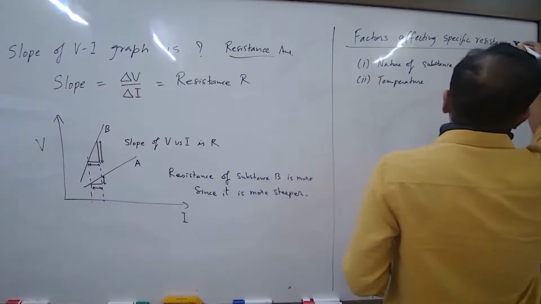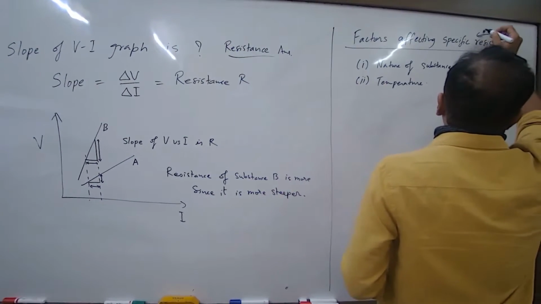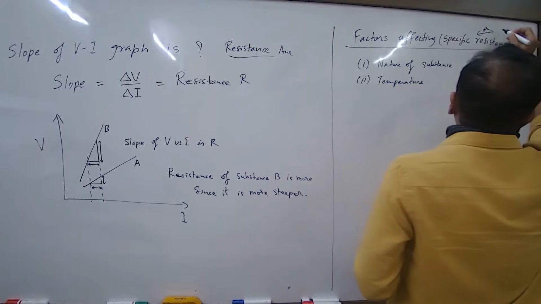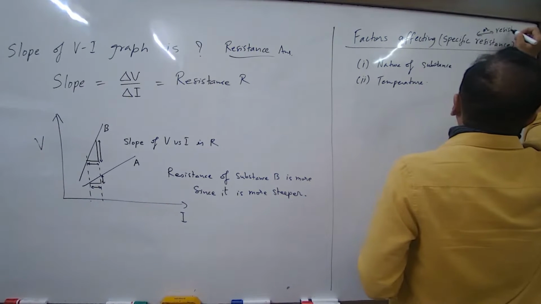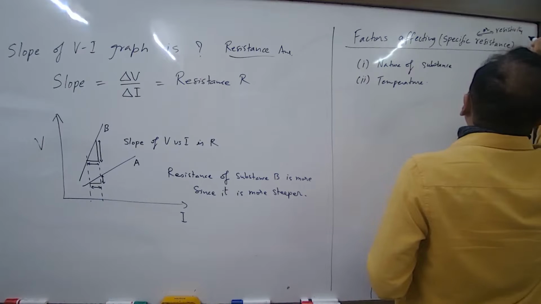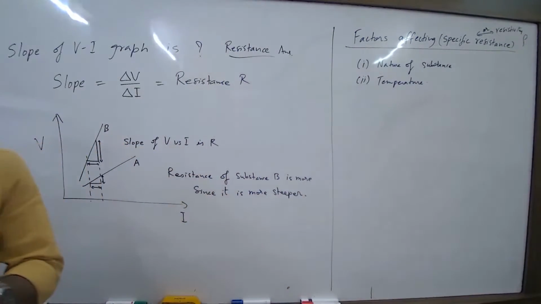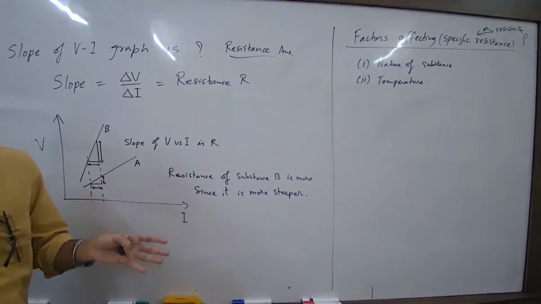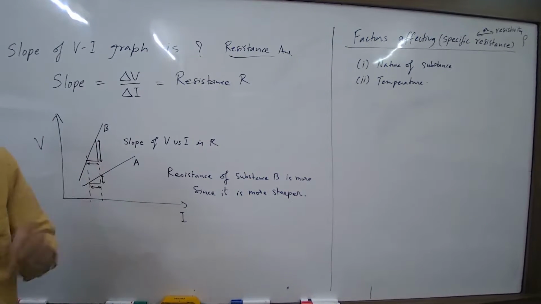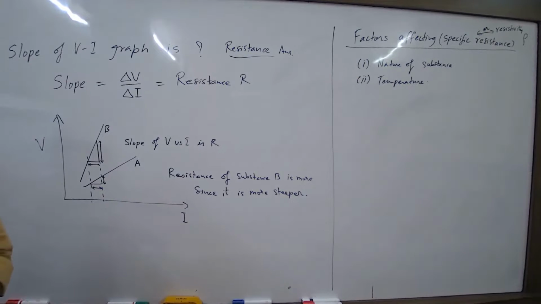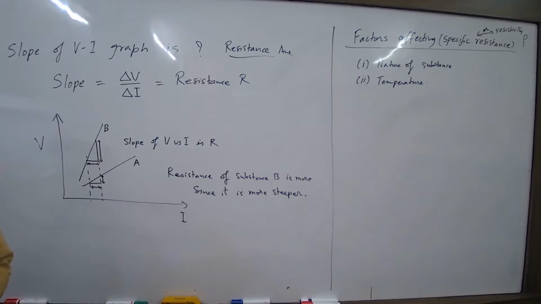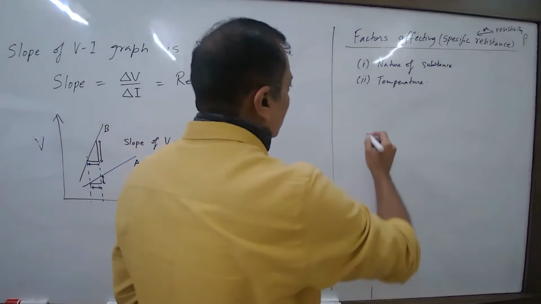Specific resistance is also called resistivity. It is one and the same thing. Your rho, we call rho specific resistance or resistivity. Anybody remembers what is the unit of specific resistance?